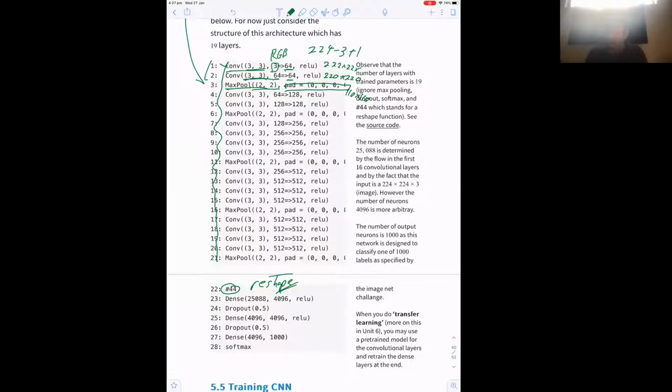So one can actually calculate that at this point, the number of neurons in the volume given 224 by 224 inputs is 25,088. Okay, so I'm just saying in principle, it's not so difficult, or you could also do it with a bit of software.